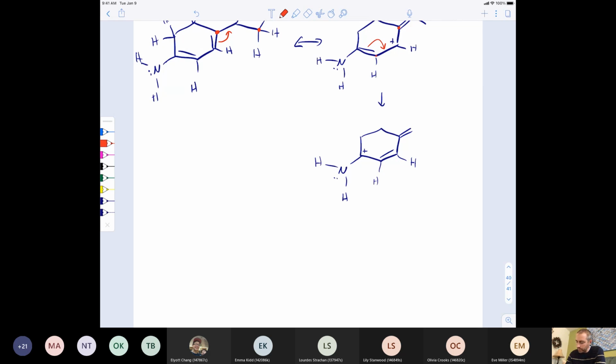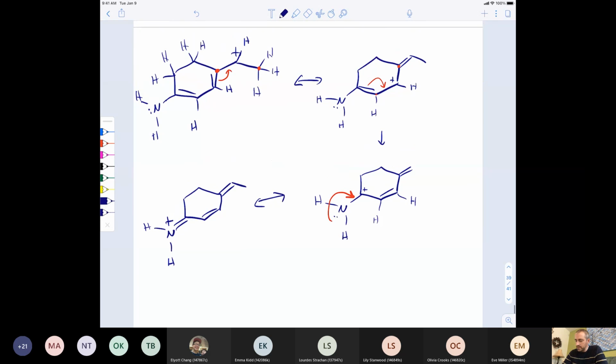You could move the lone pair down as well, and you could have something like this. So this carbocation has 4 resonance structures.